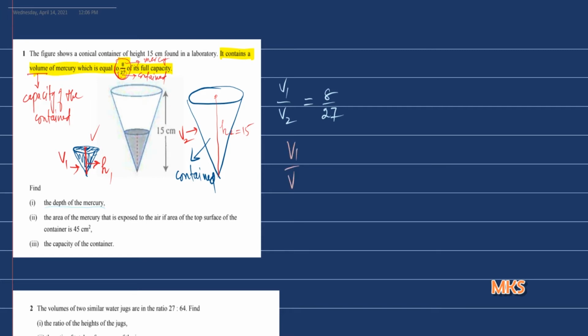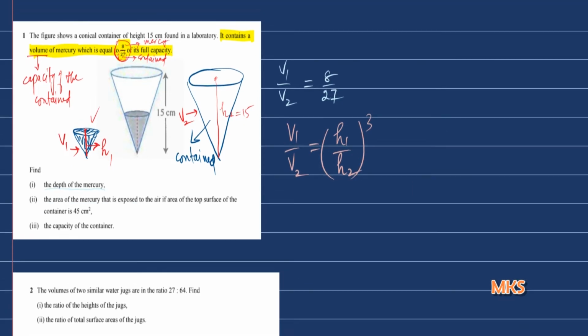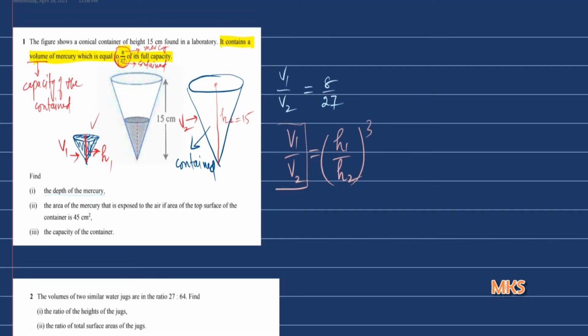V1 over V2 is equal to H1 over H2 cubed, because the ratio of volumes is the cube of the ratio of sides, and V1 over V2, the value is 8 over 27.